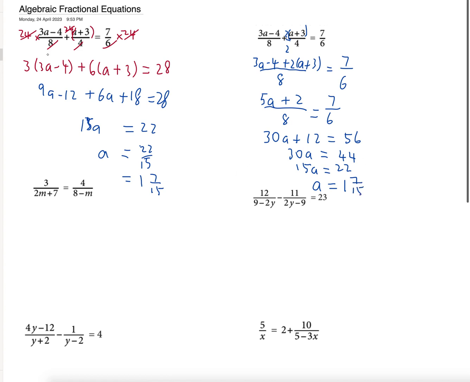Right, so we have two methods: multiply throughout by the LCM, or make into a single fraction on each side, and then we cross multiply.